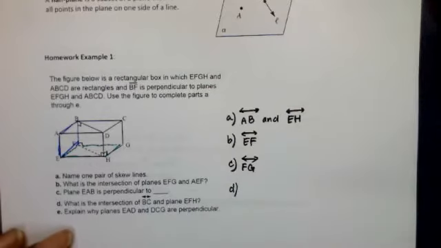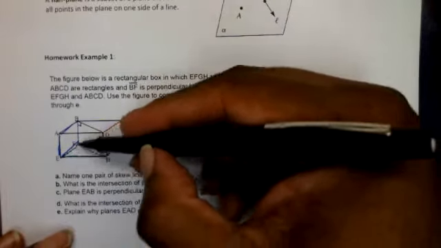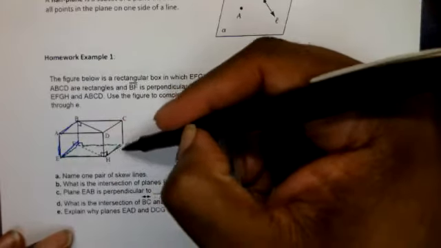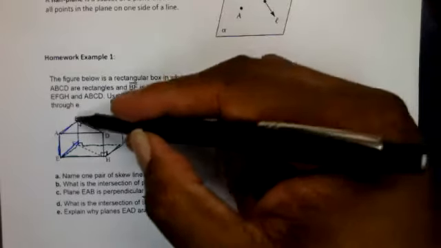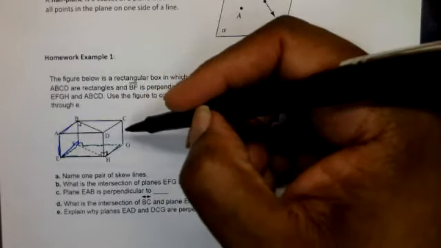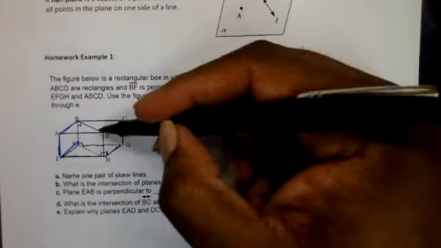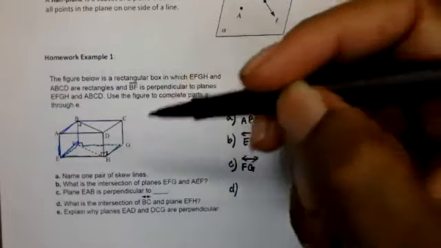And part D, what is the intersection of line segment BC and plane EFH? Let's see, EFH is down here. And BC is up here. Okay.